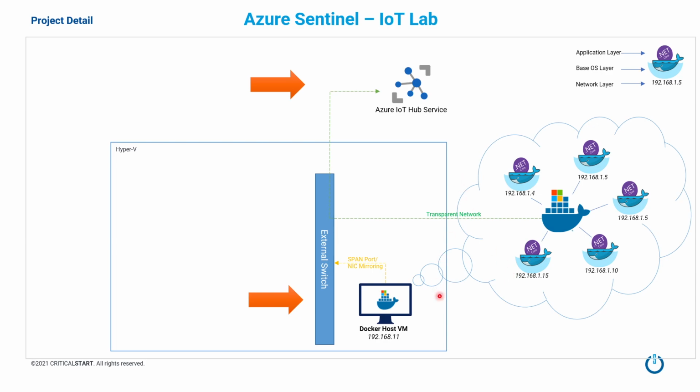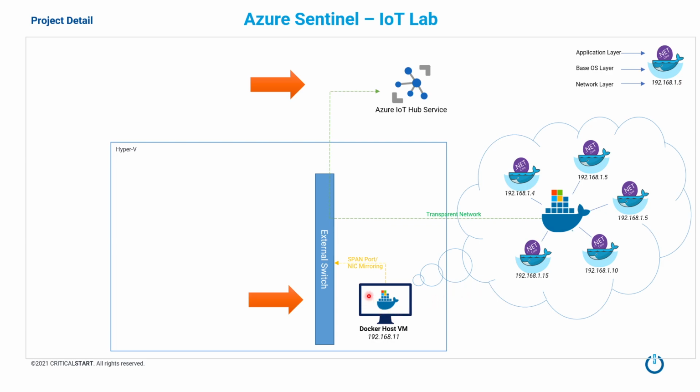Okay, so as part of the lab environment, you'll be required to stand up a Windows VM, which in this case is going to be your Docker host VM. The Docker host VM is going to be the VM that is hosting all of your simulated IoT devices.